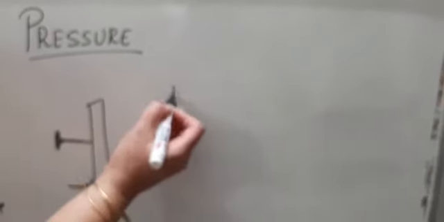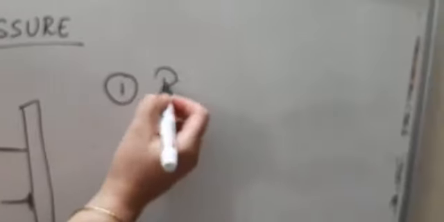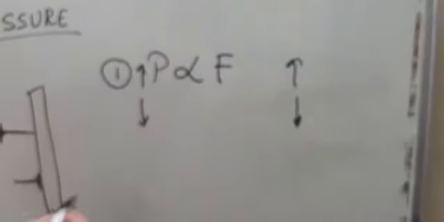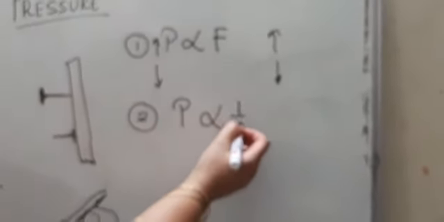We will explain the variation of pressure in 2 points. Number 1, pressure is directly proportional to force. This means if I increase force, pressure will increase. If I decrease force, pressure will decrease. Second, pressure is inversely proportional to area.